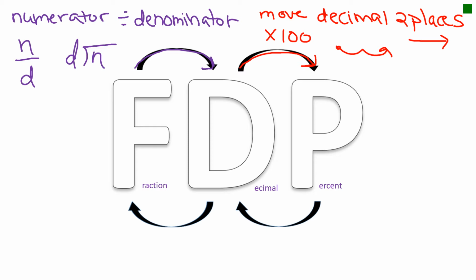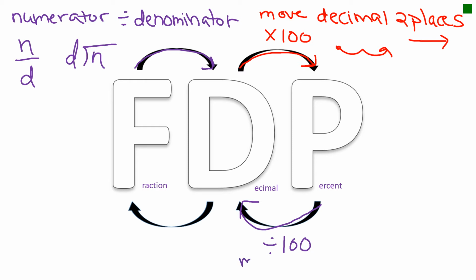Now to go back the other direction, if I wanted to go from a percent back to a decimal, I'm going to divide by 100. If I'm dividing by 100, I'm kind of working backwards or undoing what I did when I multiplied by 100. So I'm still going to move my decimal point, and I'm still going to move it 2 places.